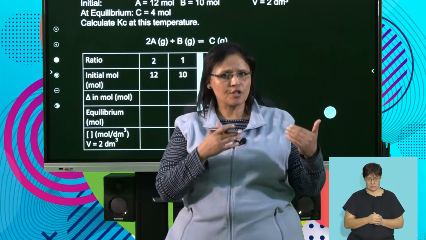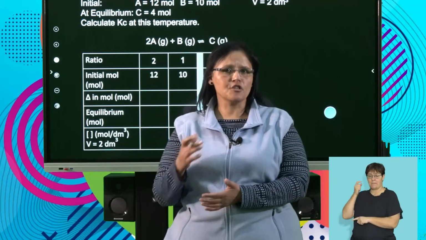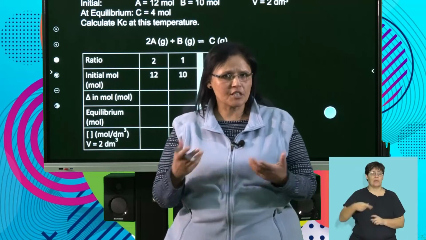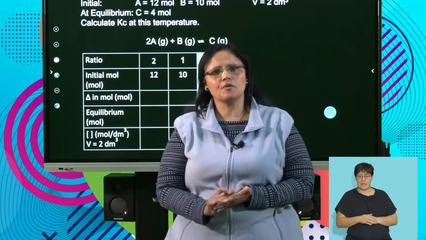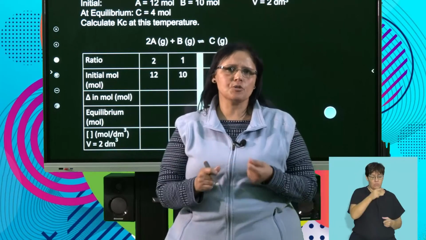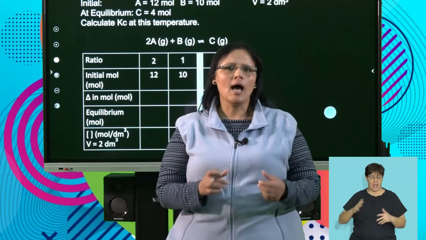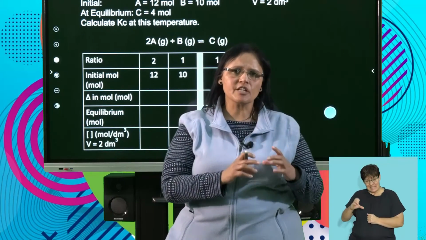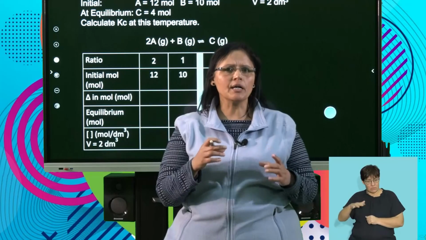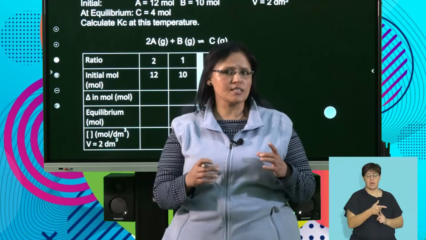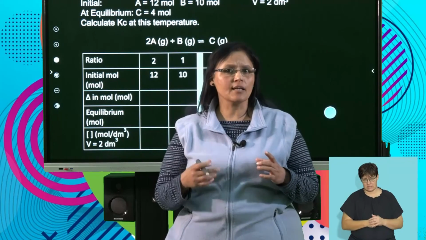As long as you get to the end point. It's not really about the journey. But the journey that I would like to explain to you now is how to convert those moles into concentrations at equilibrium, and how to then use those concentrations at equilibrium to work out the equilibrium constant, or as we call it, the Kc.